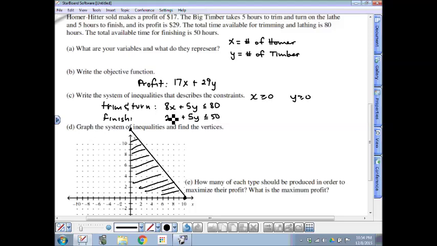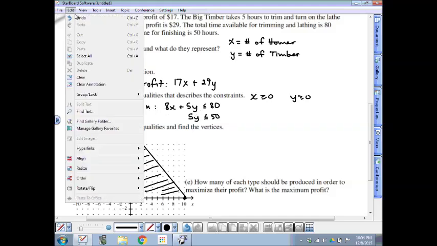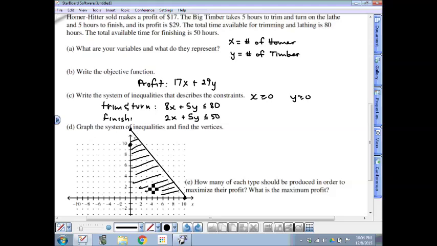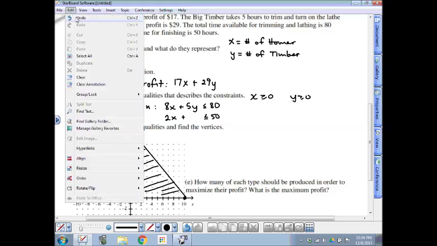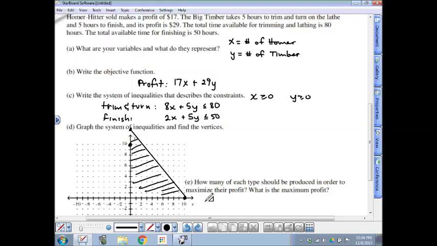Now for the other one, if we let x equal 0 to find the y-intercept, 50 divided by 5 is 10, so the y-intercept is 10. And then if we let y equal 0 to find the x-intercept, 50 divided by 2 is 25, so the x-intercept is 25, way out there.